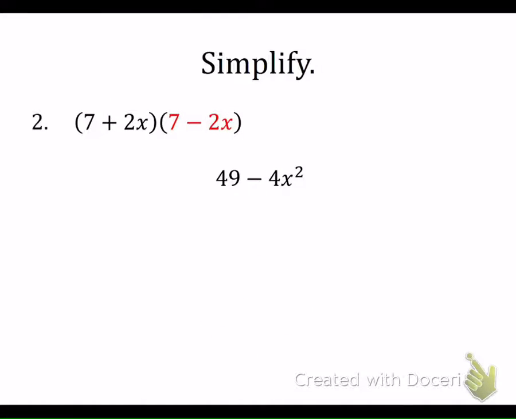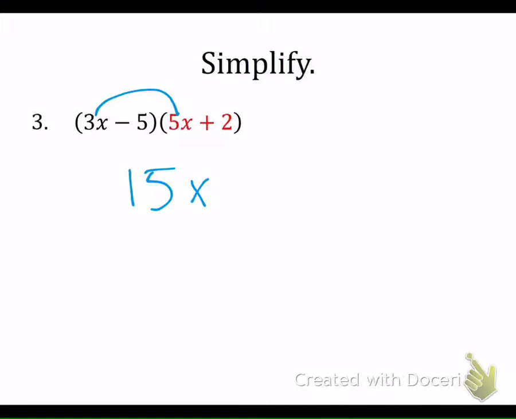All right, here is number 3. All right, how should I start this one? Distribute. So 3x times 5x is 15x squared. 3x times 2 is plus 6x.